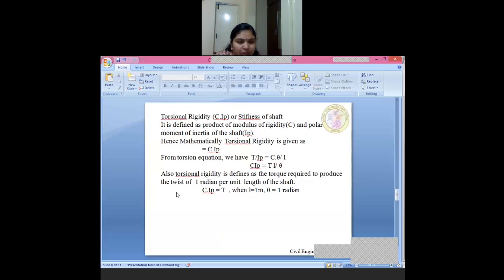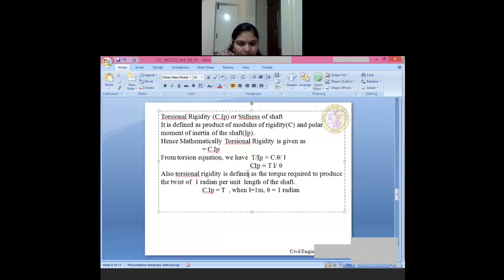Modulus of rigidity. IP is the polar moment of inertia of the shaft. Next, from the torsion equation, we have T by IP is equal to C theta by L. So if I rearrange this, C IP is equal to T L by theta.